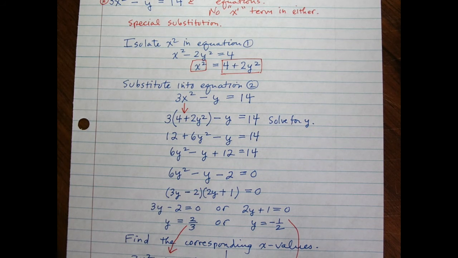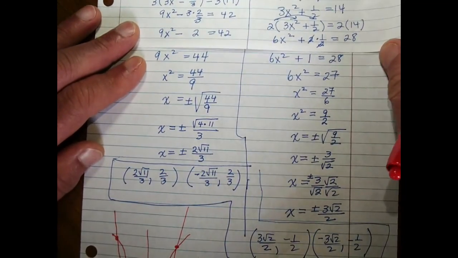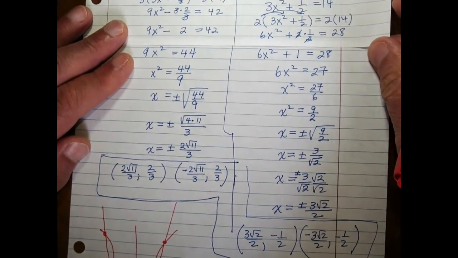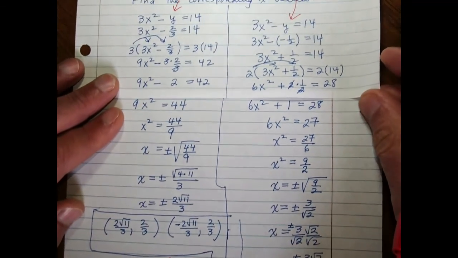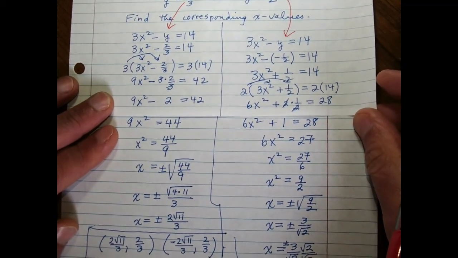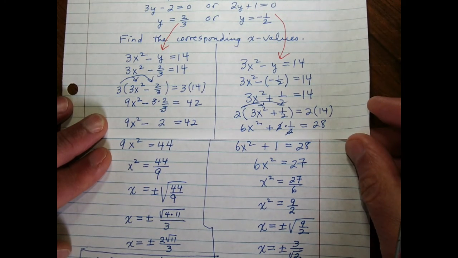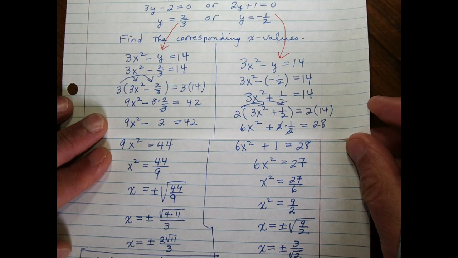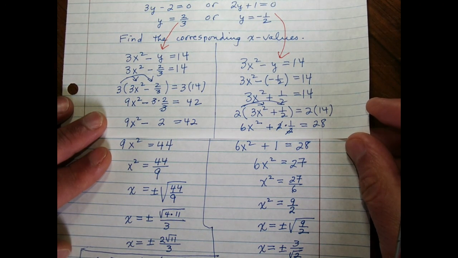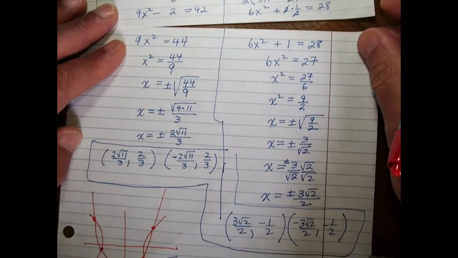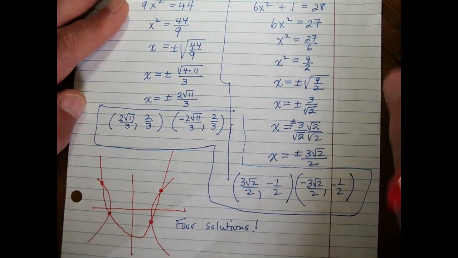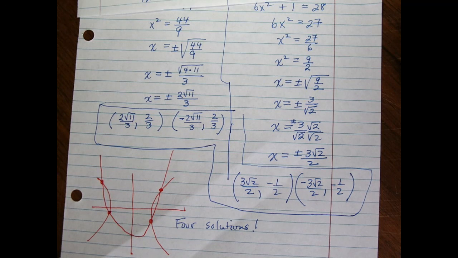From the 2 y values, y equals 2/3 and y equals negative 1/2, we had to go through that work to find the corresponding x's. And maybe I'm going to stop it there for a second. And then just slide it up one more time to the solution. So that's our last problem that we're doing together on nonlinear systems.